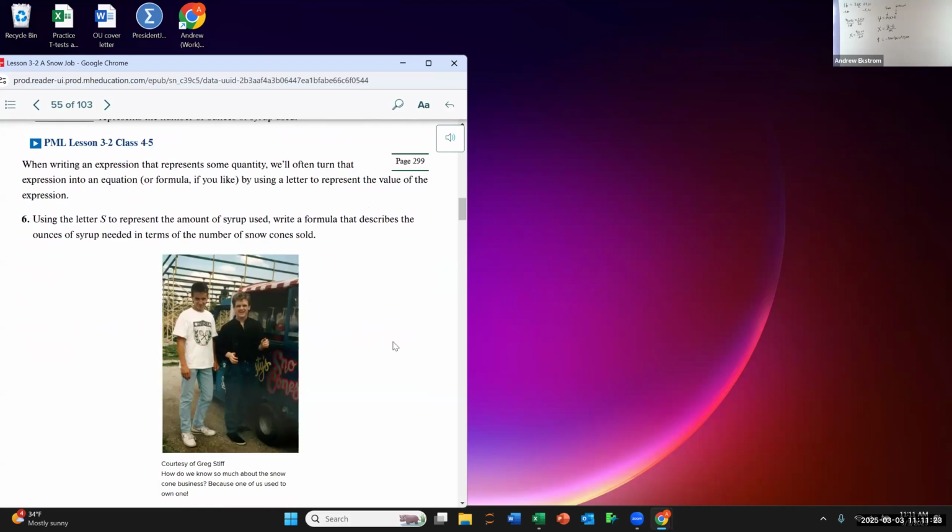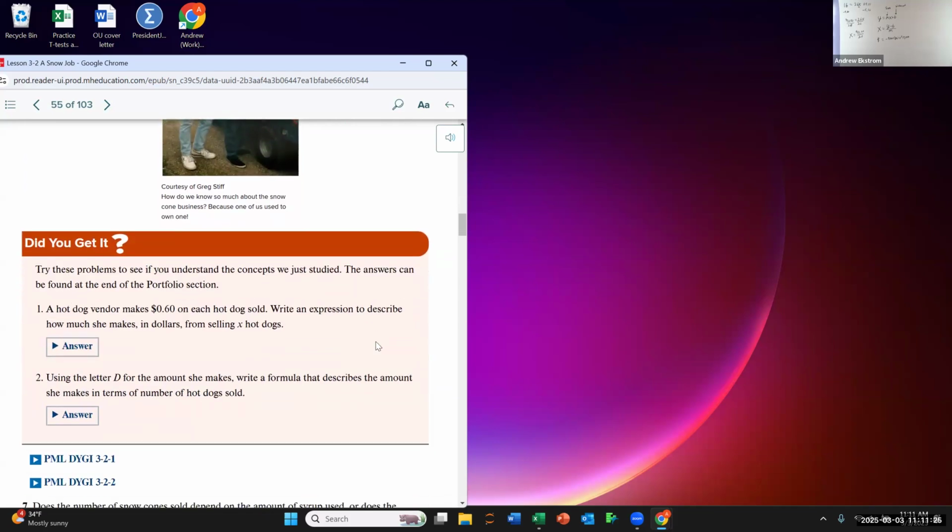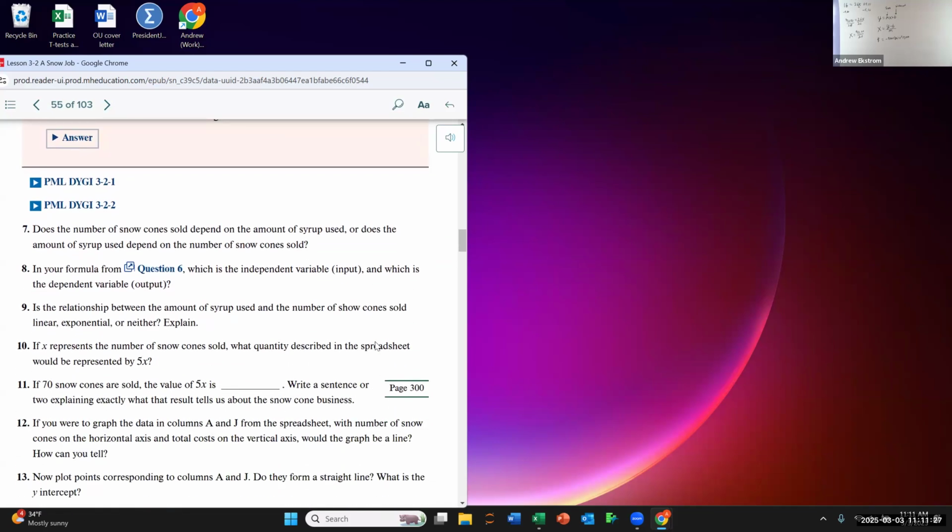So instead of using the example problem that's in here, we can think of this kind of like, if they're looking at, was it flavored snow cones? And what they've done is they said y.